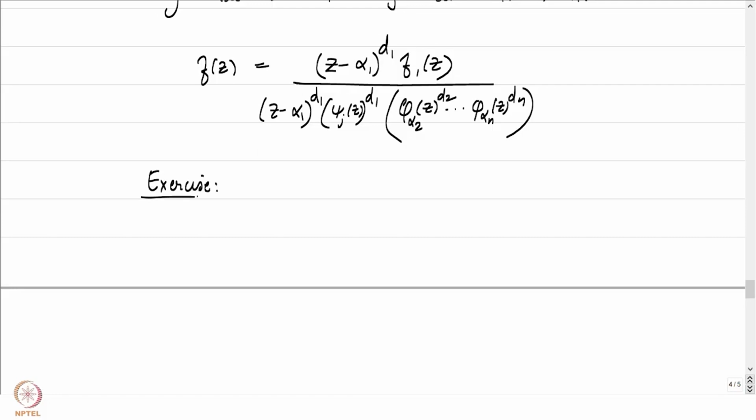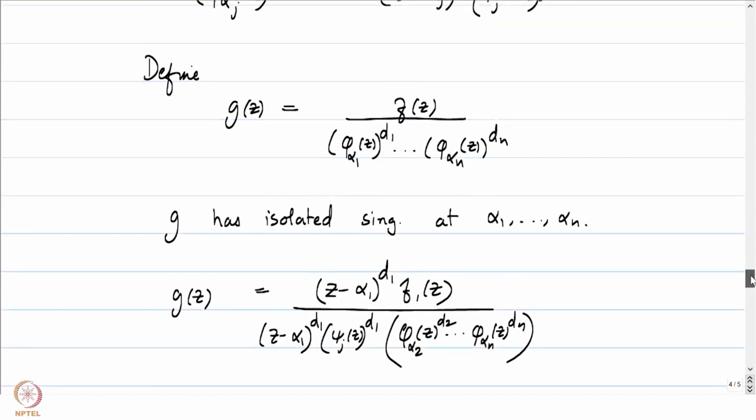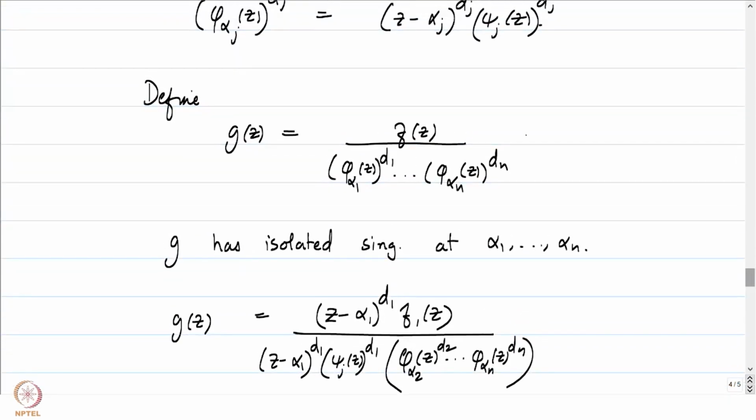Just check that. Oh, this is not g, by the way. This is after the division. This is going to be g. So this is our g. I divided it here, so let me call it g and not create confusion.